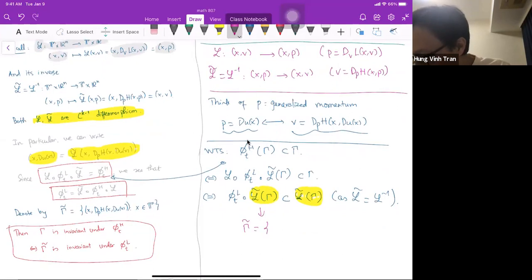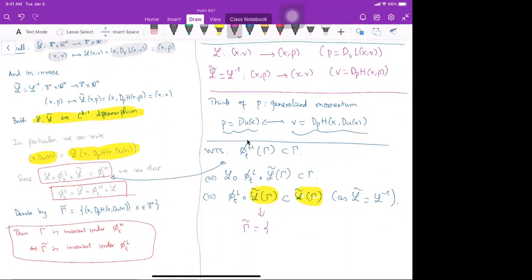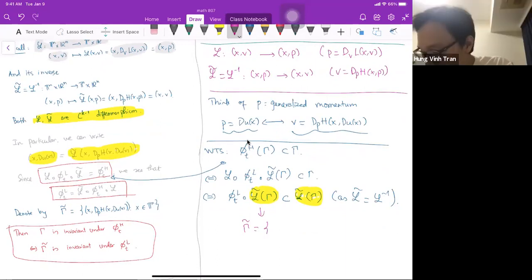Yeah, I think that up to this point that's correct. Oh, I'm a little confused because in the definition of L tilde up here, we're sending XP to X and DP, but then later we're applying L tilde to X and DP. Yeah, that's correct, I think you are right.